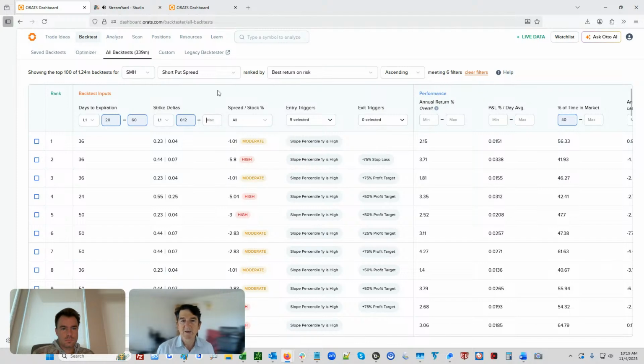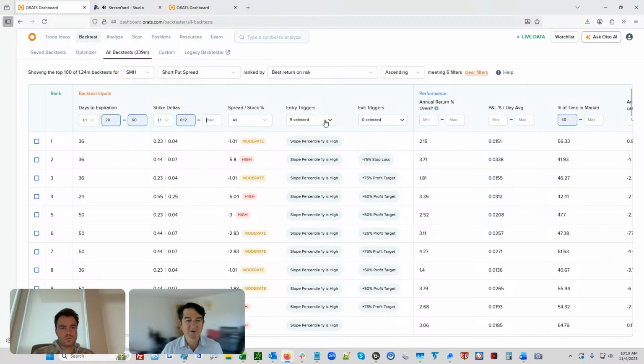In this type of situation, it's kind of a two-edged sword, because when you're selling a 23 and buying a 4, the 4 is so far out of the money, there's not much premium in there. So this is the best performing one when the slope percentage is high.